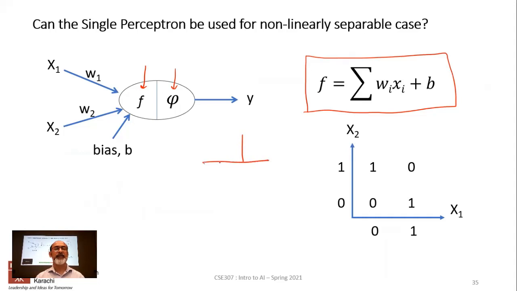Phi can be, for example, a step function. It can also be something called a ReLU function. It can also be something called a sigmoid, which we'll talk about later. So if you're using a linear function over here, and we're using a single step function, do you think the XOR problem can be solved using a single perceptron? No. Why do you think not?